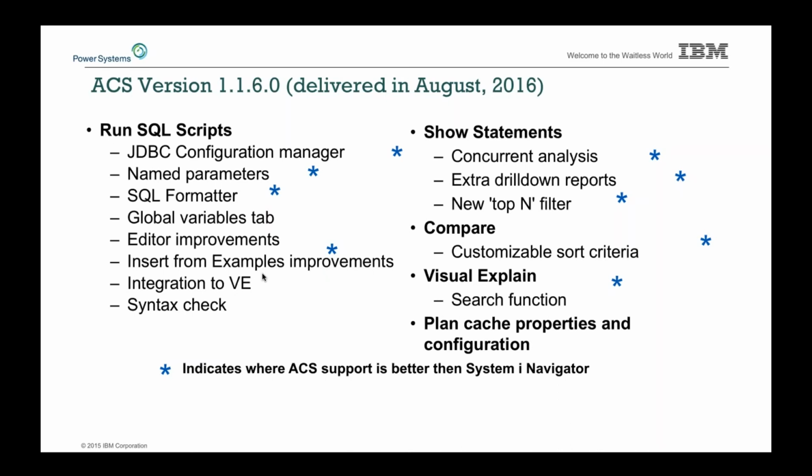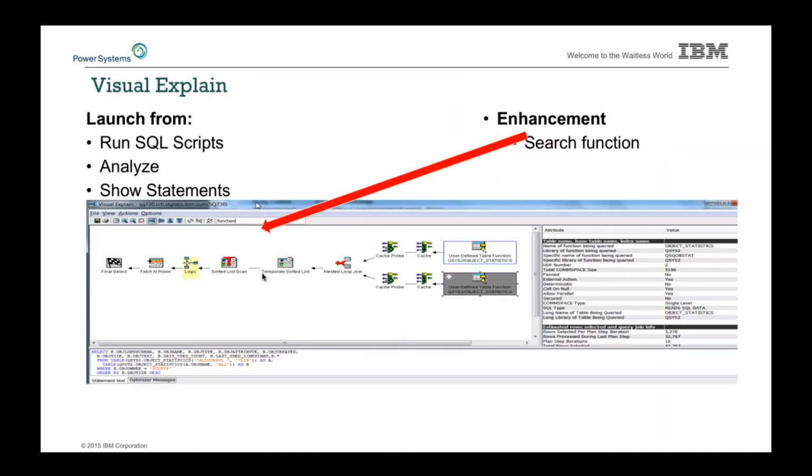From Visual Explain, one of the things that's rather interesting, with Visual Explain, we wanted to deliver something that was very much normal to the user. So we delivered it with the exact same imagery, the exact same usage. It looks and feels exactly like what you've always known forever, except for we have a search function.